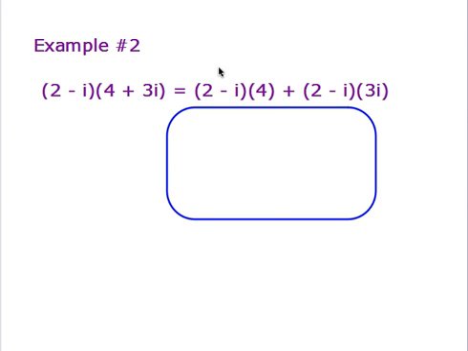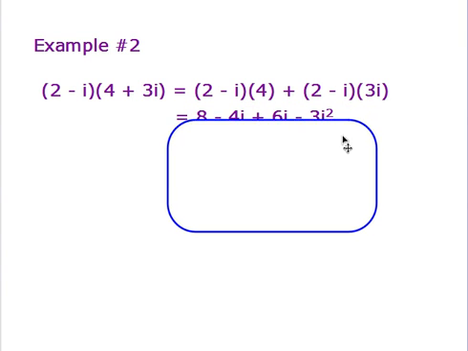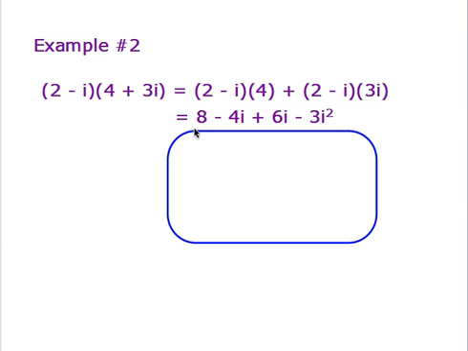Here we're going to multiply 4 here and there. Here we're multiplying 3i there and there. And we should end up with this: 8 minus 4i plus 6i minus 3i squared. But what do we see? When we see i squared, alarms go off. i squared is really -1. So this -3 becomes a +3.